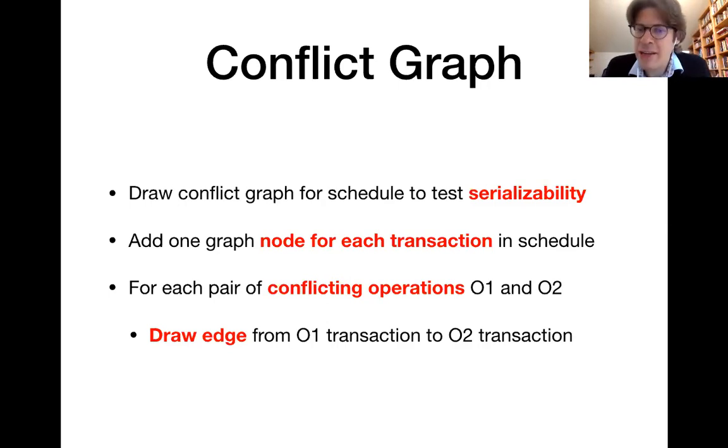And then for each pair of conflicting operations by two different transactions, operation O1 and operation O2, we draw an edge from the transaction to which O1 belongs to the transaction to which O2 belongs. So this edge basically indicates a conflicting operation between those two transactions. We draw that edge from the transaction with the earlier operation to the transaction with the later operation.